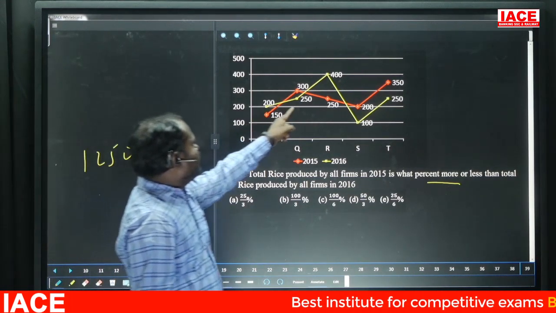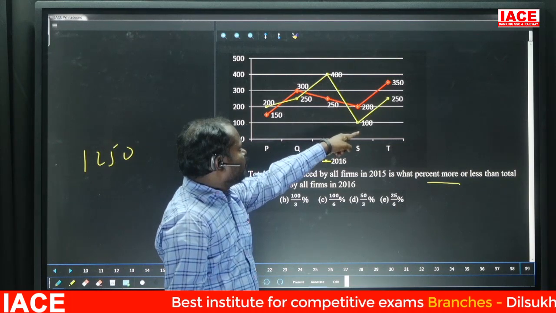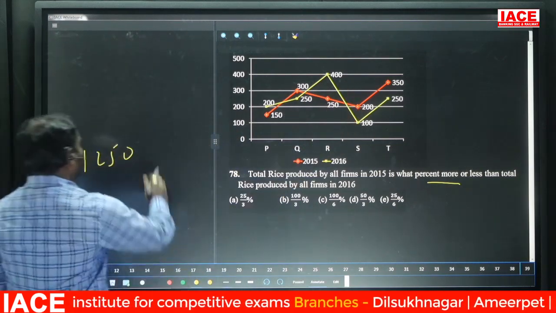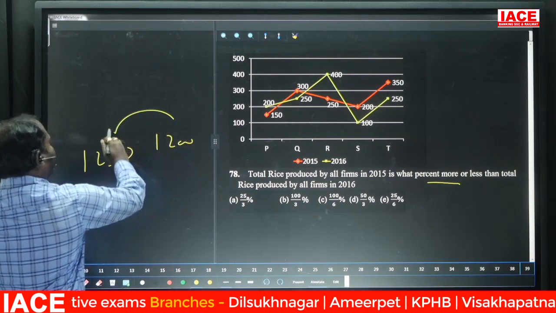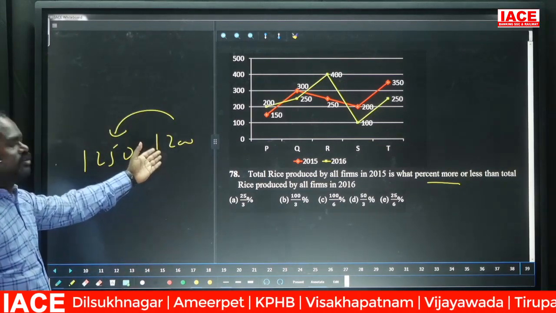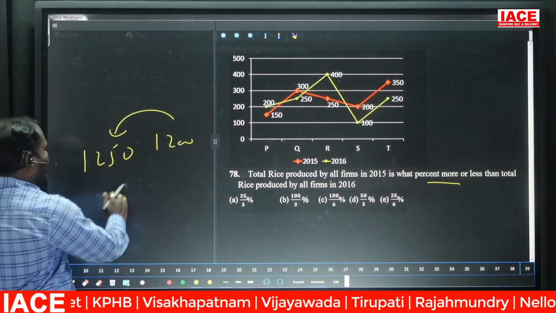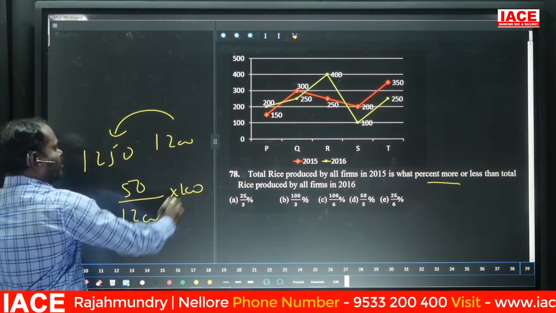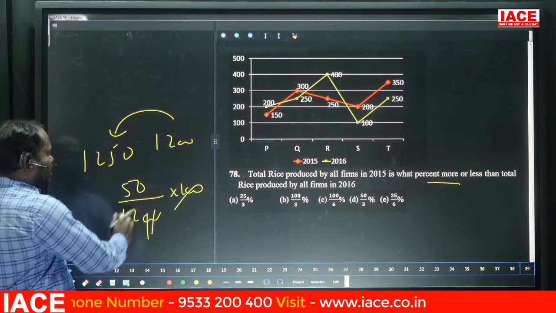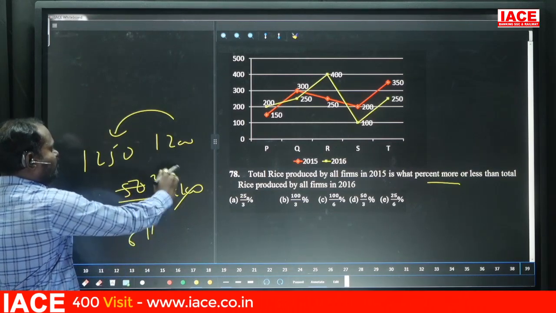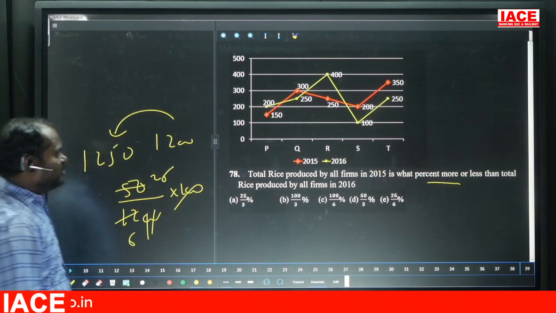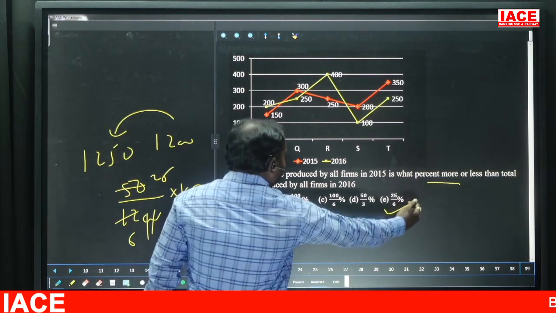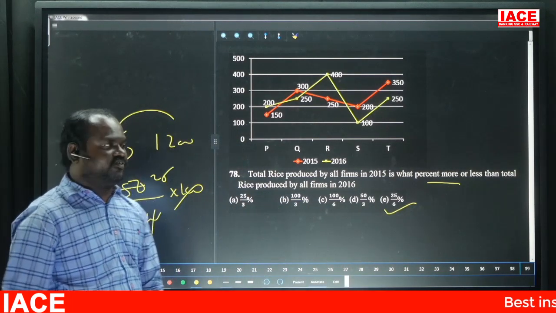For 2016 it is 2, 450, 850, 950, 1200. So 2015 is compared to 2016, more by 50. 50 by 1200 into 100, zeros get cancelled, 50 by 12, nothing but 25 by 6. Option E, 25 by 6. Next.